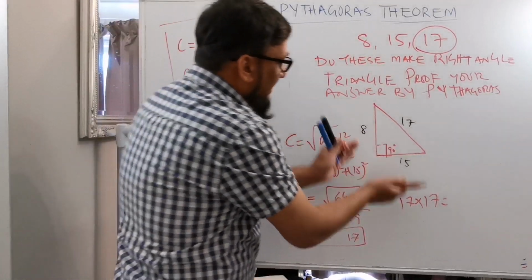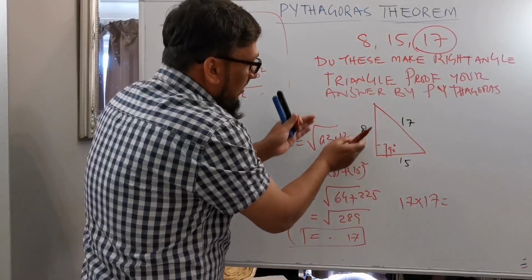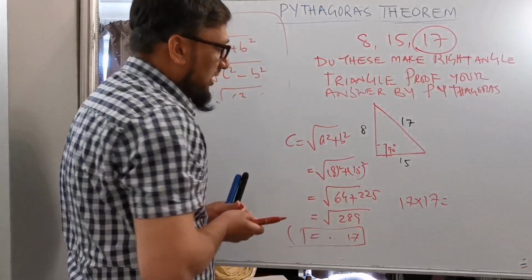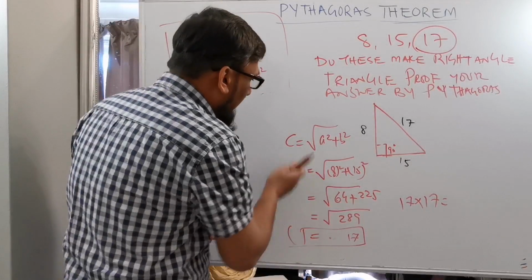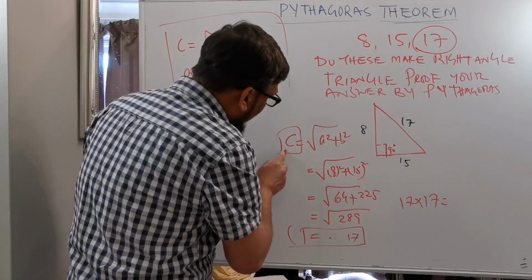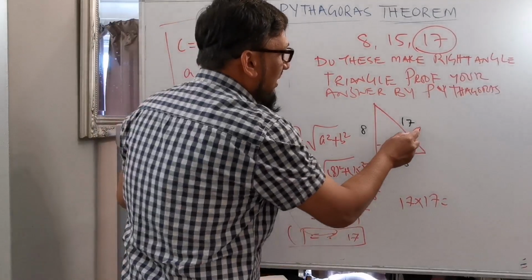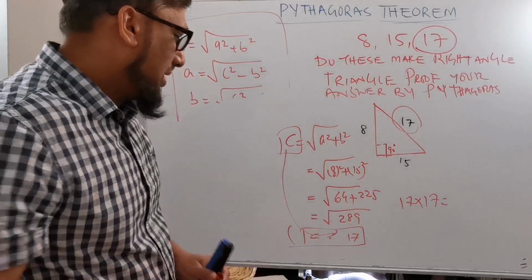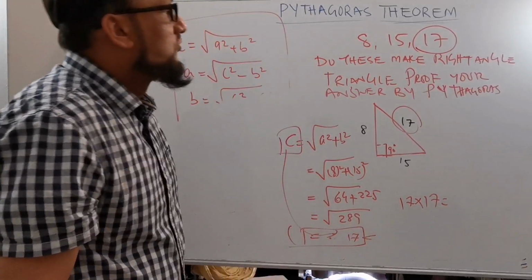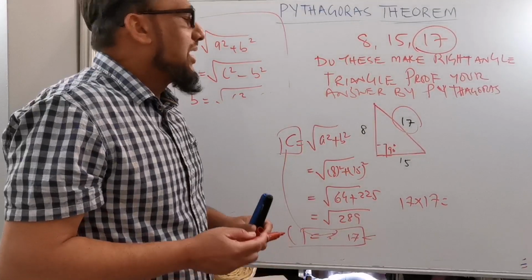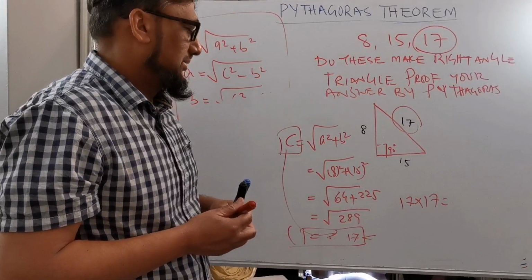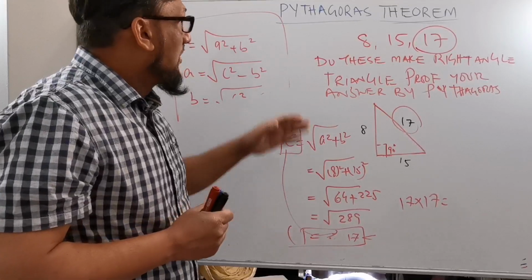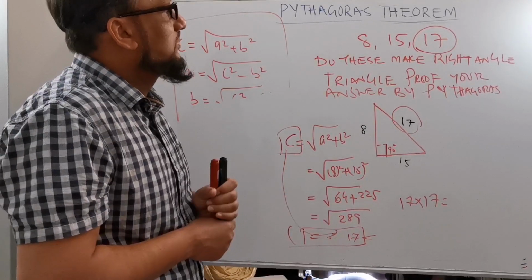So here I put the values of A and B in the formula and worked out the value of C. If the value of C matches our third value, which is 17, it means this is a right angle triangle. So this is the Pythagoras theorem.